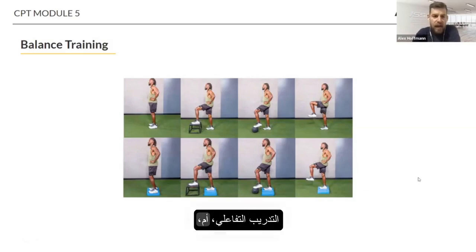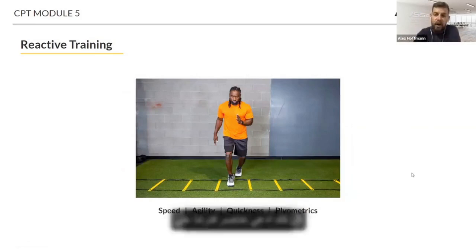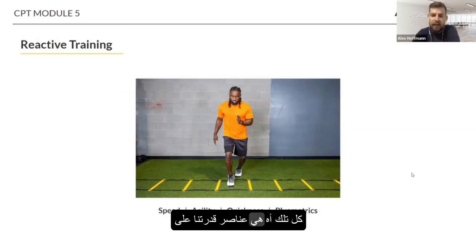Reactive training is going to refer to our SAQ training and then also plyometric training as well. So SAQ stands for speed, agility, and quickness. All of those are elements of our ability to react quickly and agilely and fast at a given time.